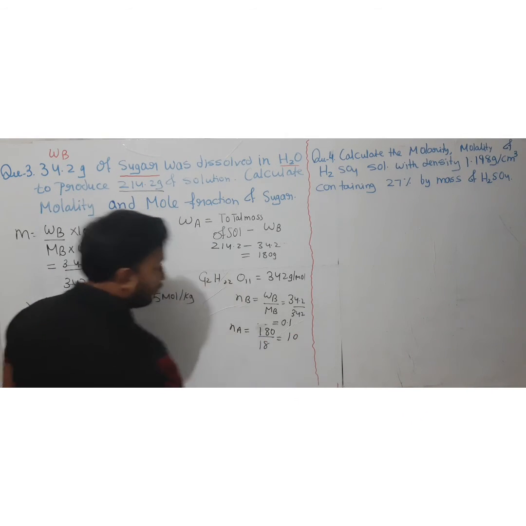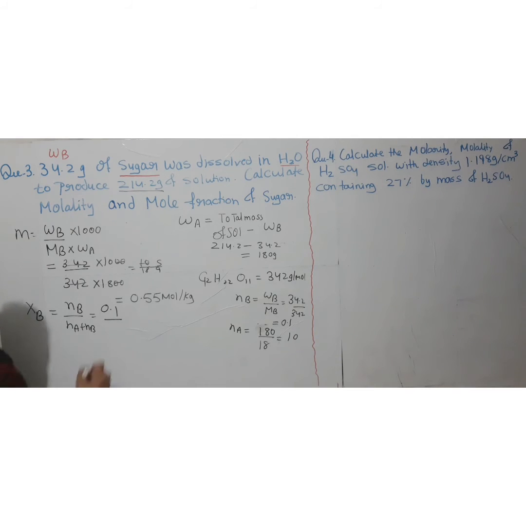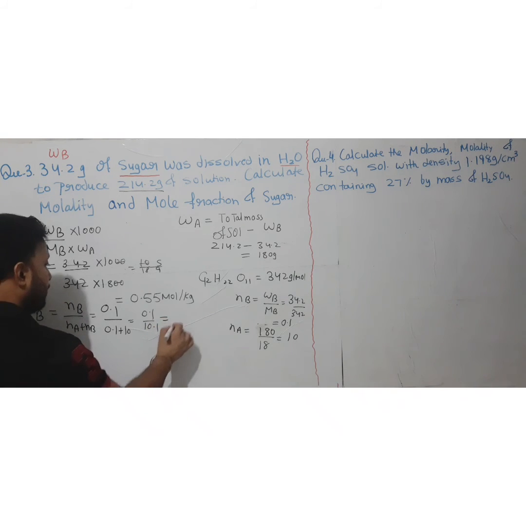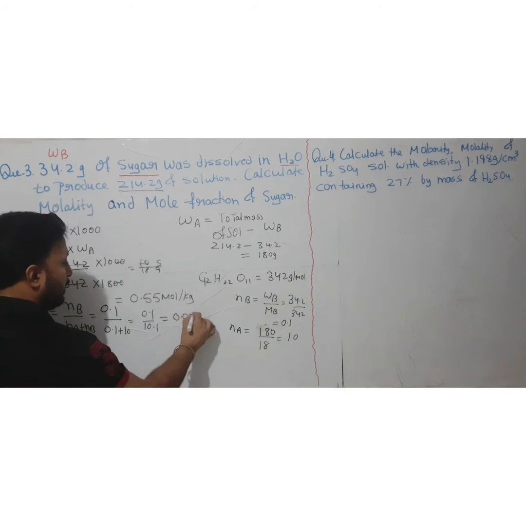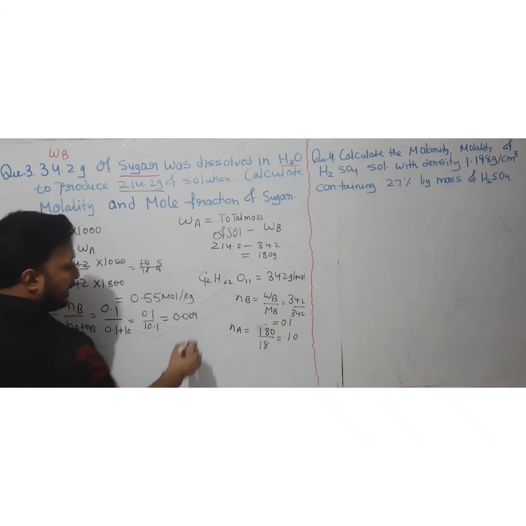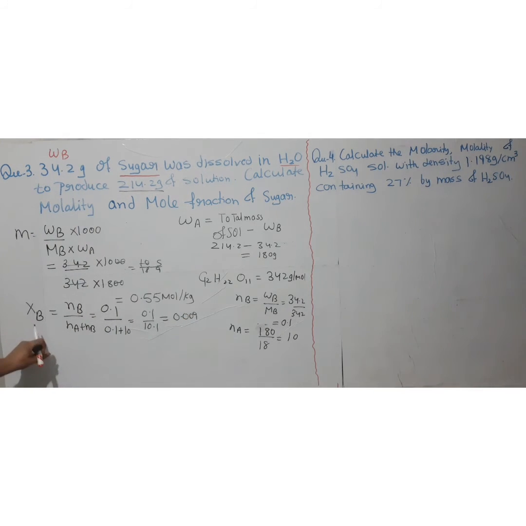So the number of moles, NA, will be coming 10. So when we take the sum, 0.1 plus 10, it will be coming 0.1 upon 10.1. That is how we have to calculate the value of the mole fraction. So when you solve it, it will be coming 0.009 approximately. That is the mole fraction of the solute we are having.